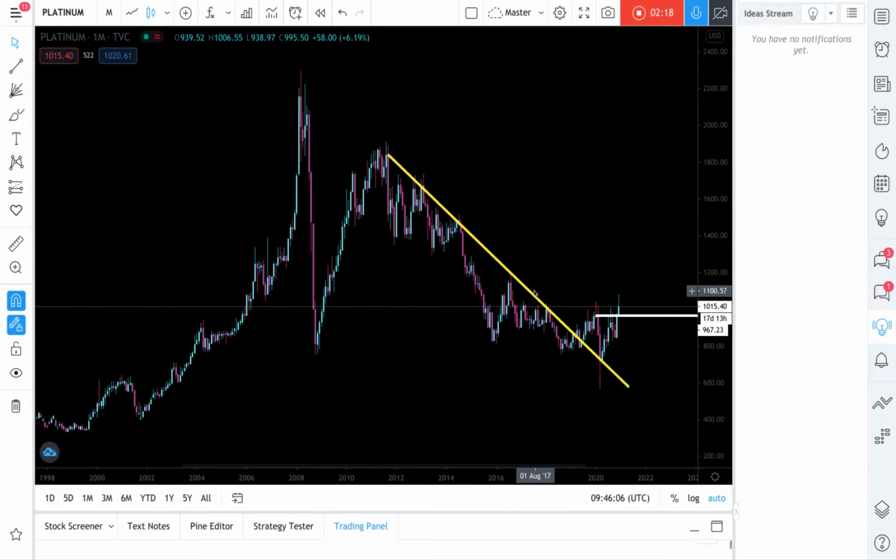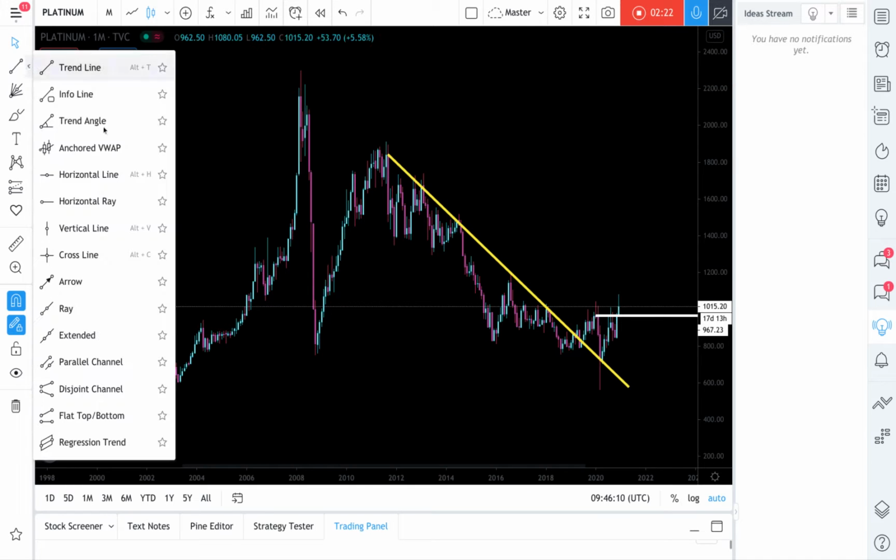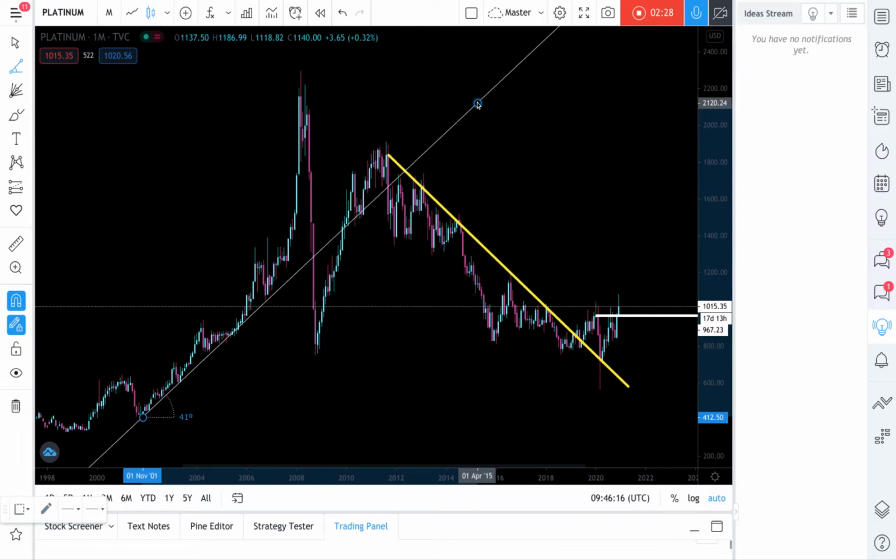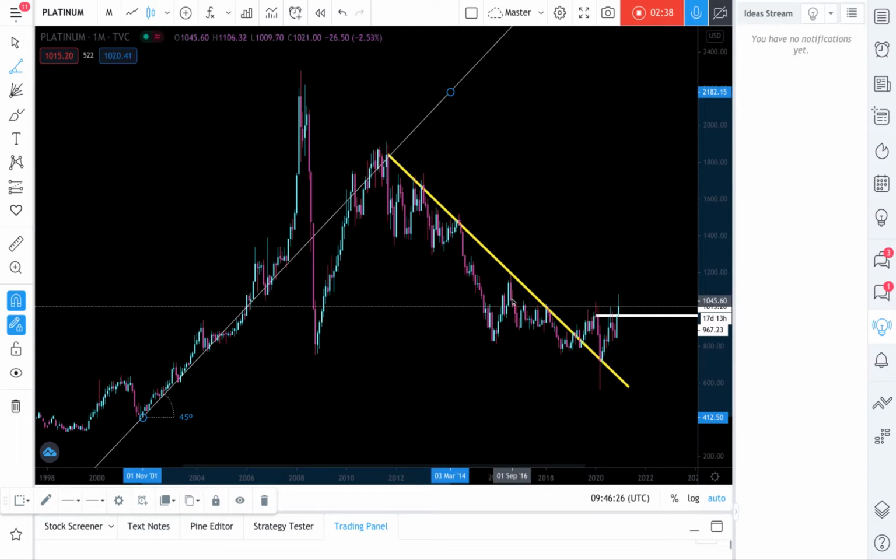So if this is at 45 degrees, then I'm going to draw another 45-degree angle over here, starting really from that whole bull run, the bull run in recent history. So if we do a 45, make sure that's still at 45.